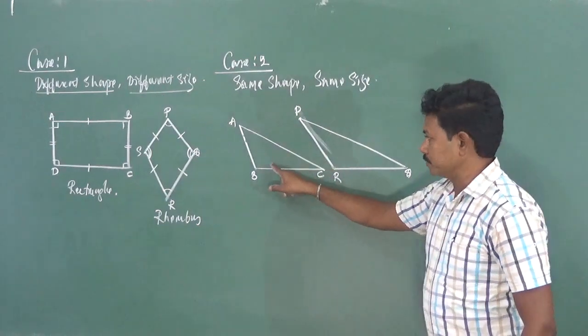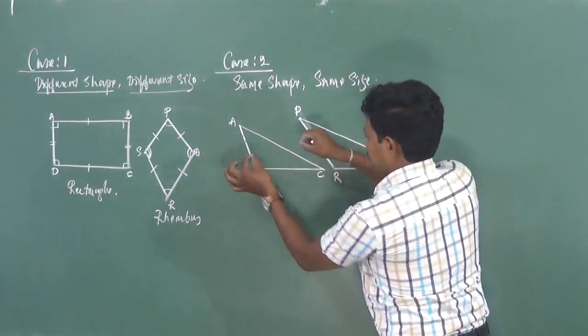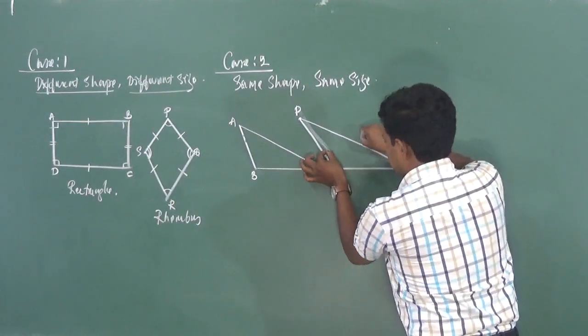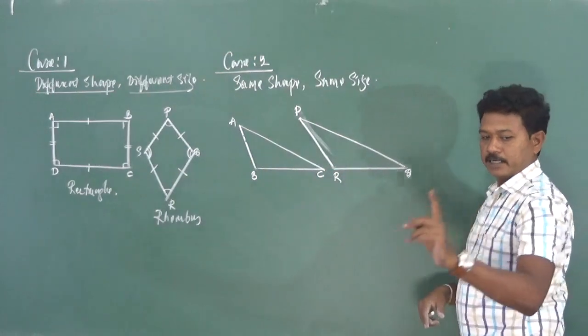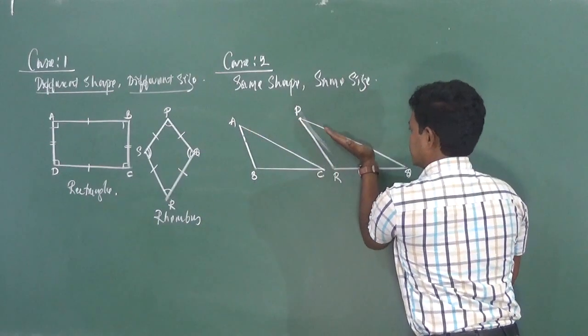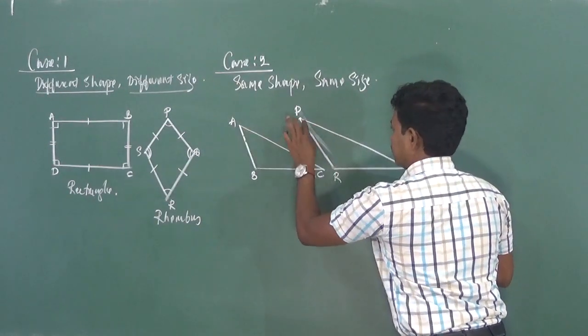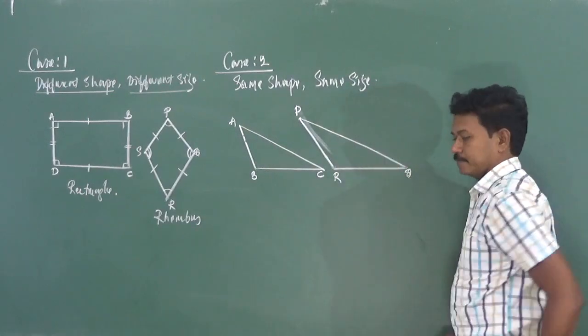If you place one geometrical figure on the other, see, if I pick this geometrical figure from here and place it on this, this side fits on this exactly, this side fits on this side exactly, this angle will be equal to this angle, and so on.